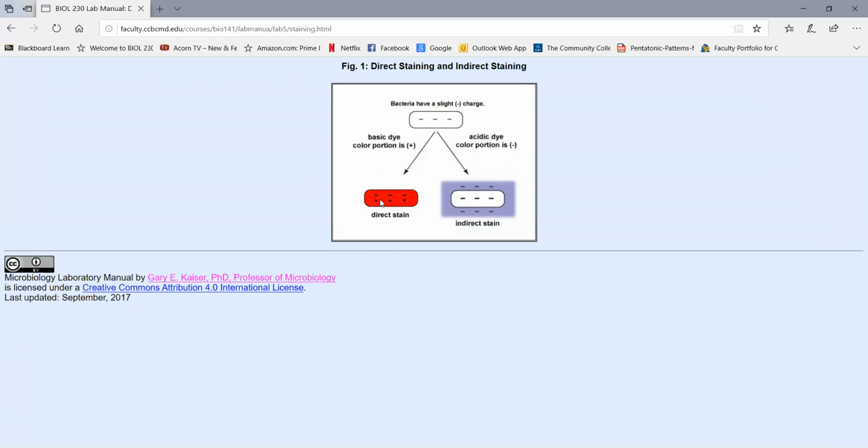Opposite charges attract, and the dye is ionically held on and in the bacteria, so that when we wash the slide, we can wash the dye off the glass because it has no charge, but the bacteria hold the dye. And we call that a direct stain because we're directly staining the bacteria. And that's because we're using a basic dye with the color in the positive ion.